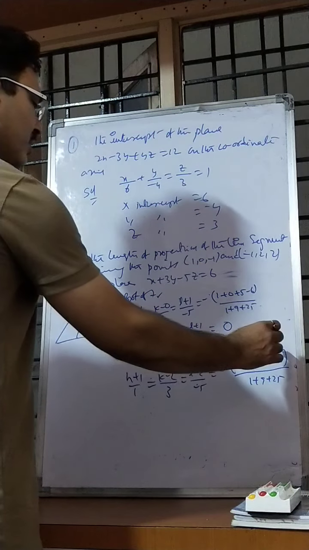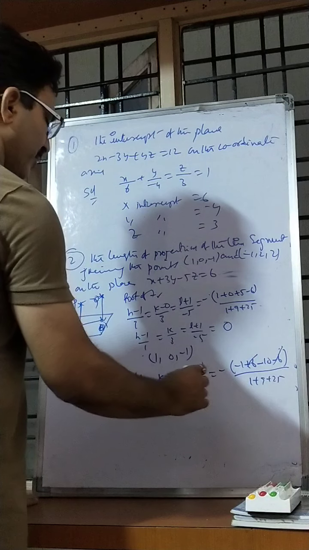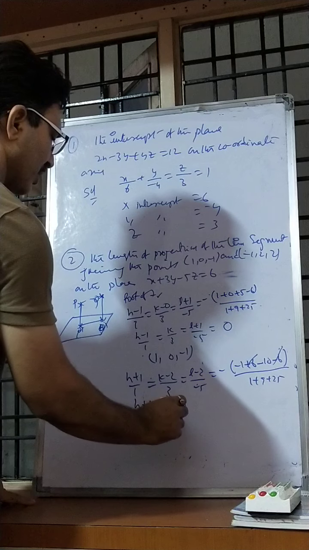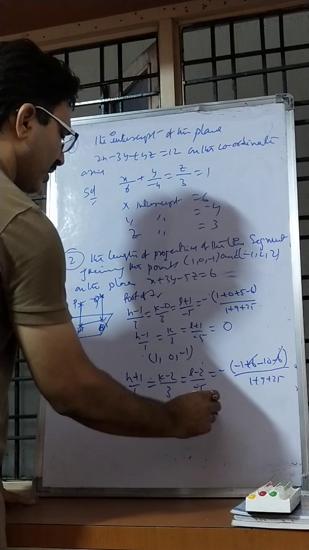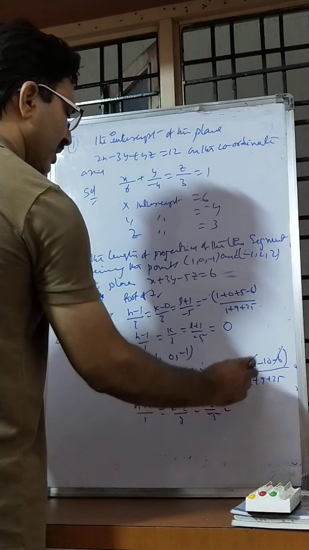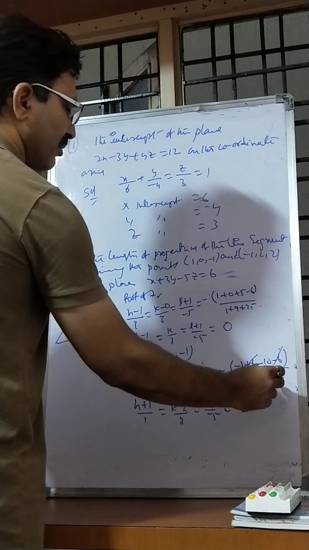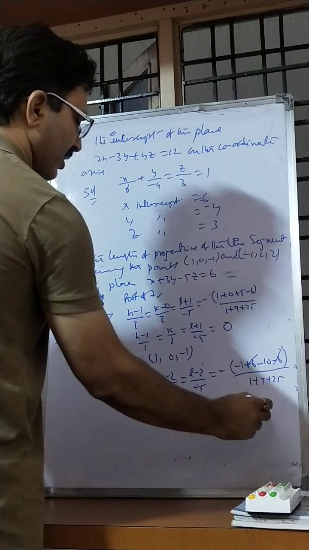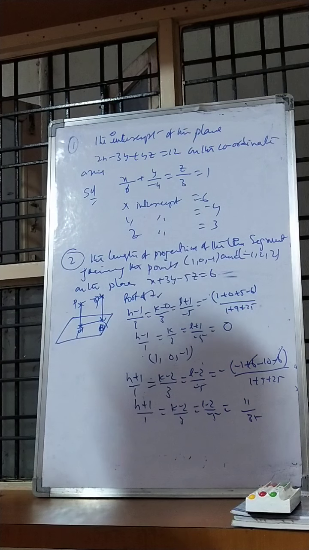What we have is (h plus 1) by 1, (k minus 2) by 3, (L minus 2) by minus 5 equal to minus 11 and 11 divided by 35. So we have 11 divided by 35.